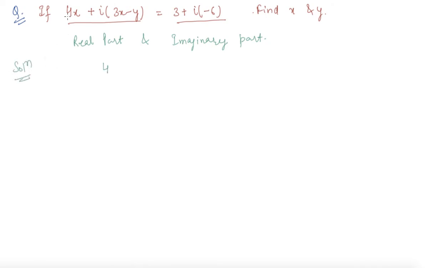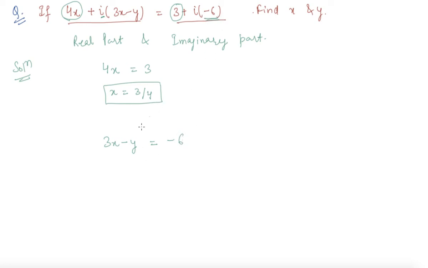The real part here is 4x, so this 4x is equal to the real part of this. So x is coming out to be 3 by 4. And the imaginary part, that is the part with iota, is 3x minus y, which should be equal to minus 6.